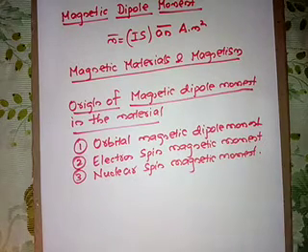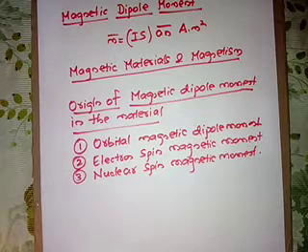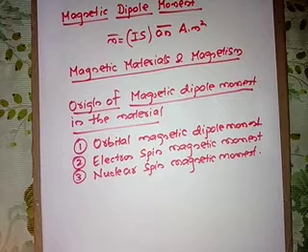Okay, so which are the different types of dipole moments or the magnetic moments? Orbital magnetic dipole moment, that is the orbit in which the electrons spin, right? Due to that is causing the orbital magnetic dipole moment. Electron spin is due to the spin of the electrons around the nucleus. The nuclear spin magnetic moment is the spin of the nucleus, which is causing the magnetic moment.